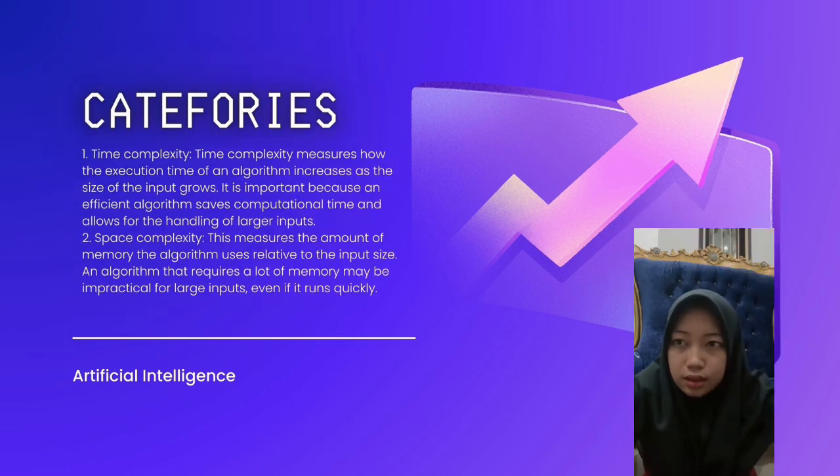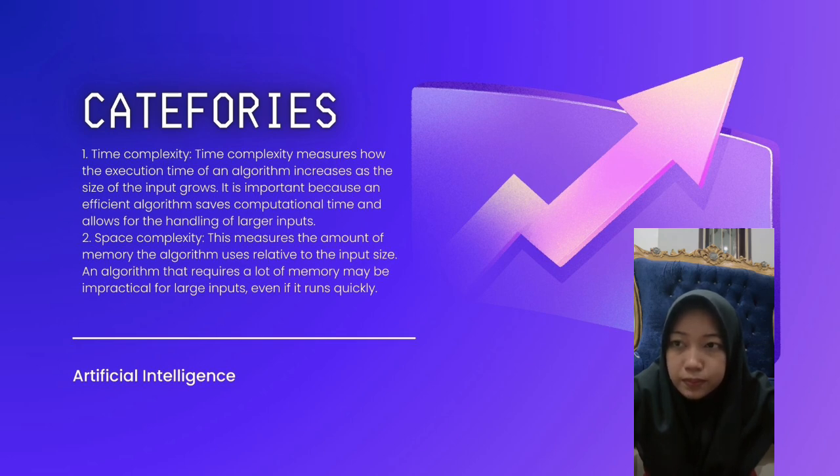Categories. Number 1. Time complexity. Time complexity measures how the execution time of an algorithm increases as the size of the input grows. It is important because an efficient algorithm saves computational time and allows for the handling of larger inputs.